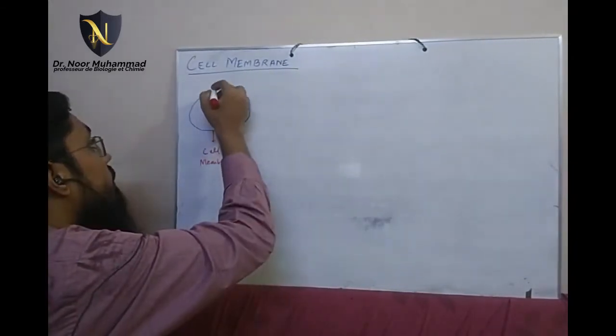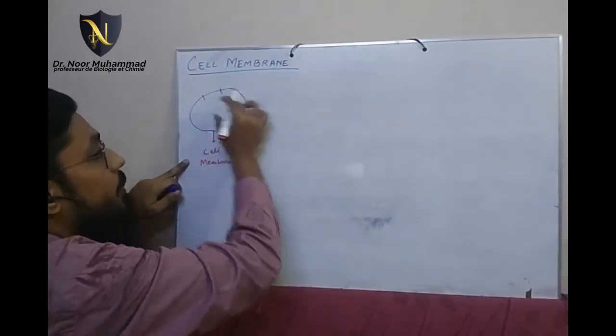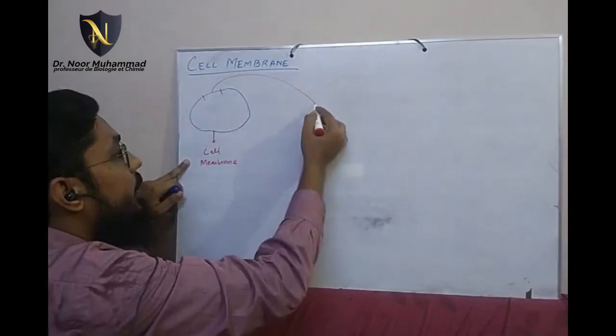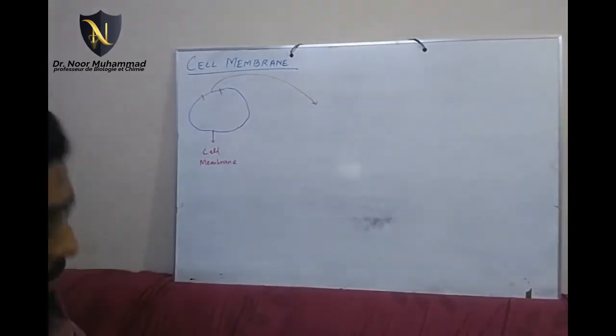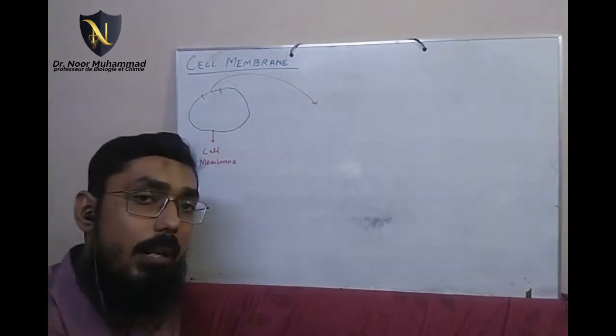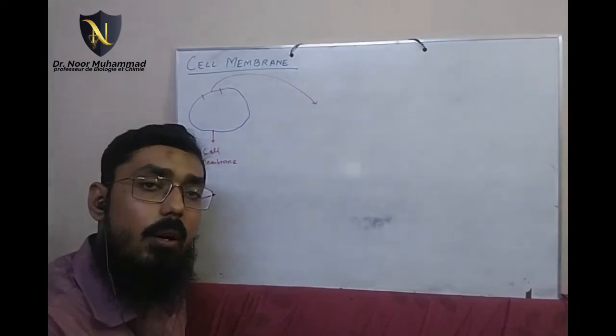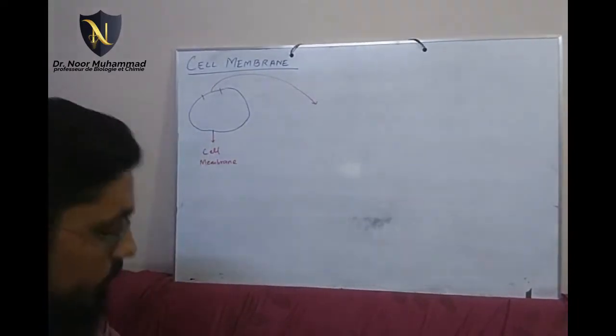I'm taking this part, let's say this part of the membrane, and I'm going to draw this part here in a magnified version. So let's see how the cell membrane is composed according to the fluid mosaic model. Let's talk about this now.